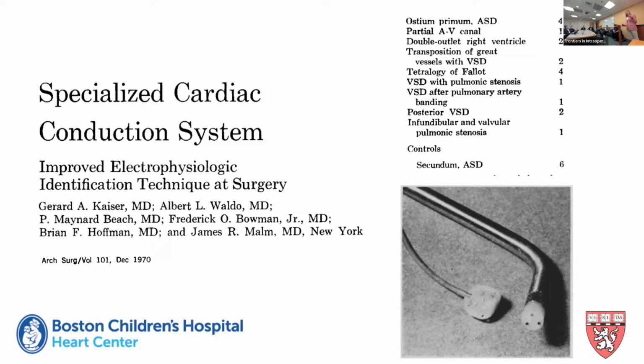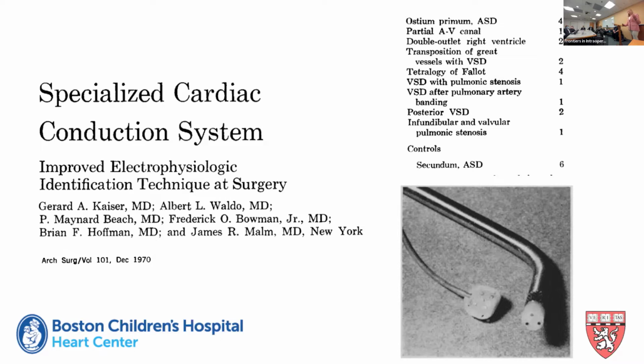And the probe on the right-hand side has 3 electrodes that are oriented so that they can capture orthogonal directions of electrical vectors. And that probe was what they used in all of these cases in order to look at the conduction system.